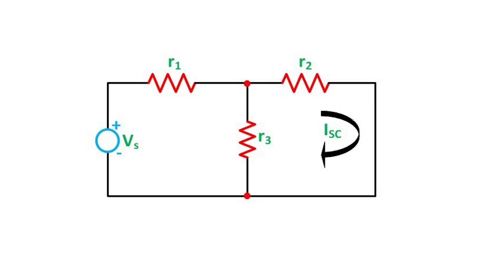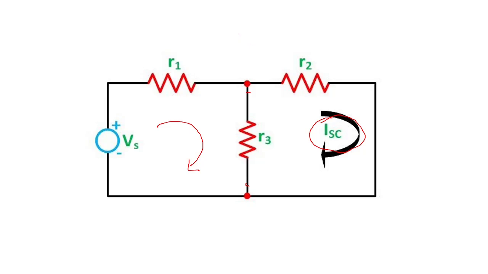Here the load resistance we have shorted now, and we want to find out this short circuit current. This short circuit current can be found out by the voltage developed across R3 divided by the effective resistance. The voltage developed across R3 is the current flowing in this multiplied by R3.